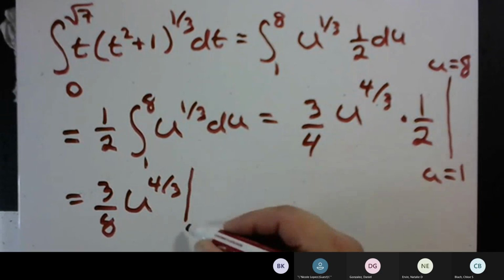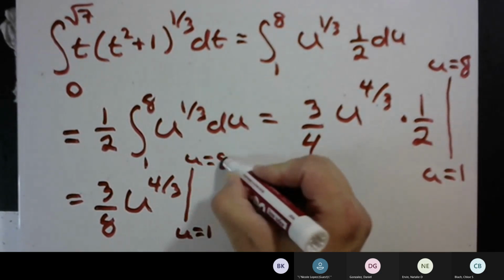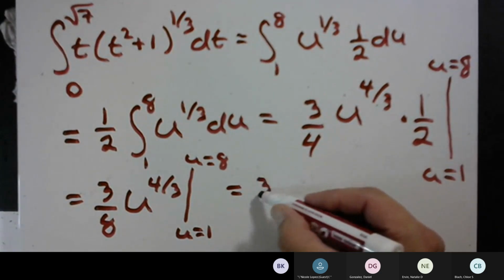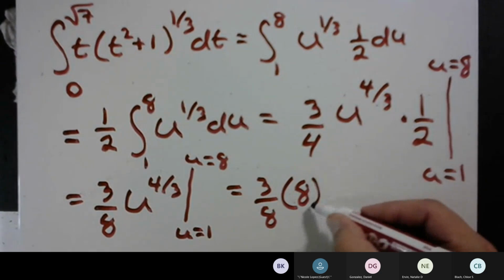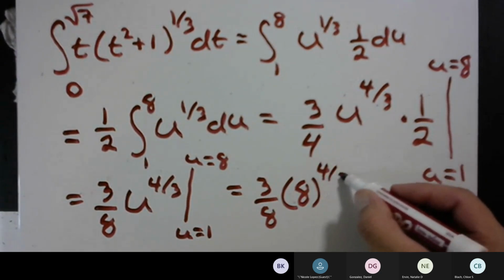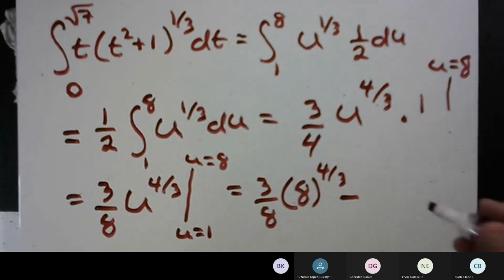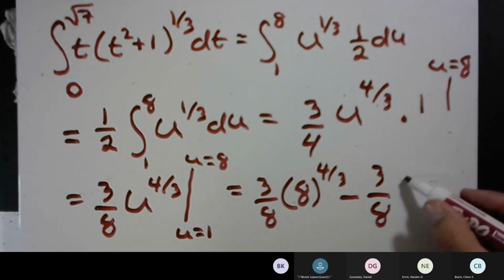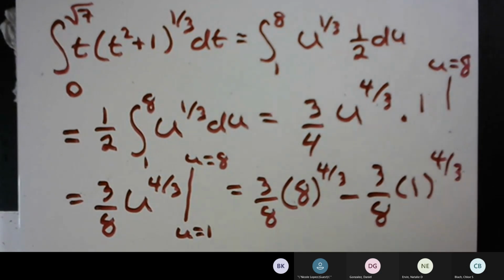We'll go through all of them. u equals 1 to u equals 8. So we get 3/8 times 8 to the 4/3 minus 3/8 times 1 to the 4/3.